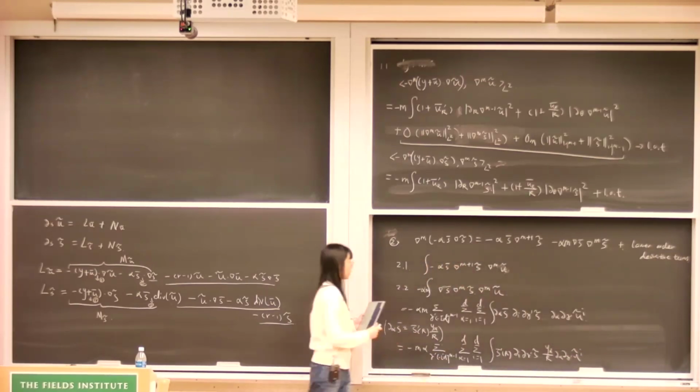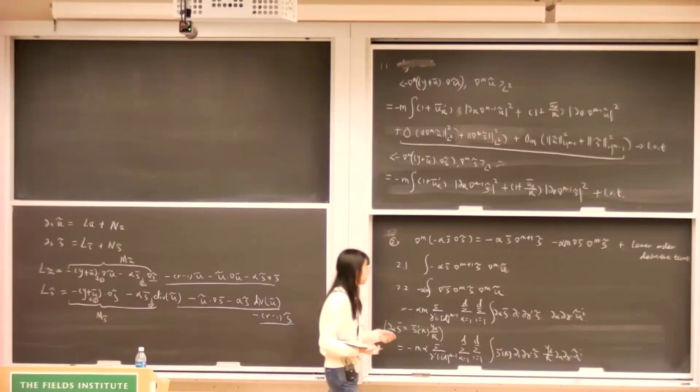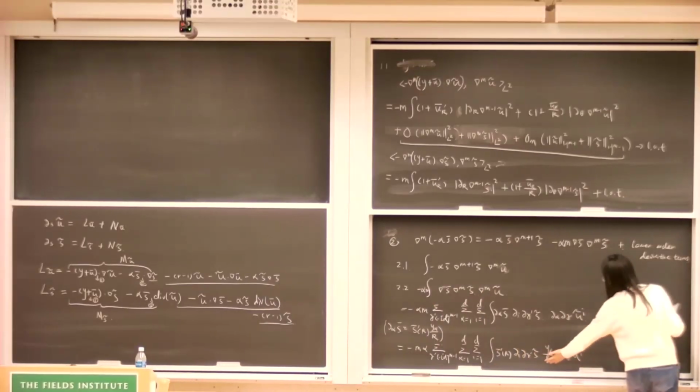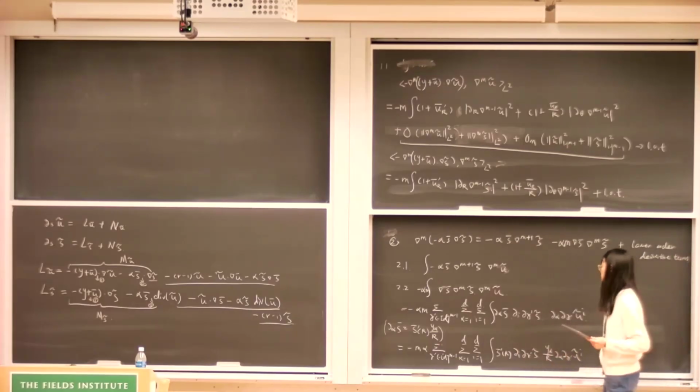Okay. So again, this thing gives you an R derivative, and we can eliminate a sum with respect to R to alpha. So this is negative mR.